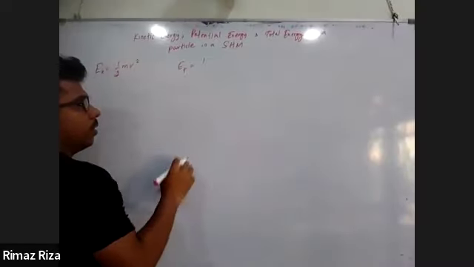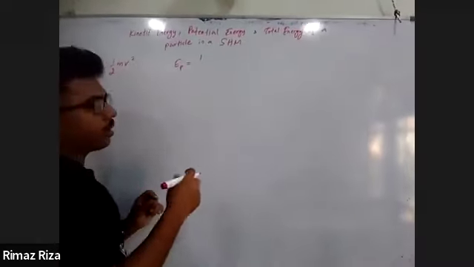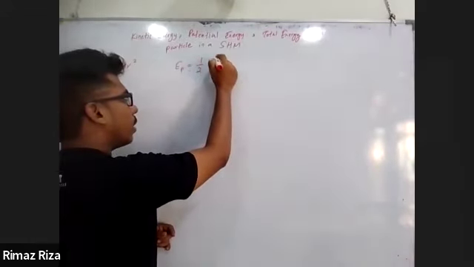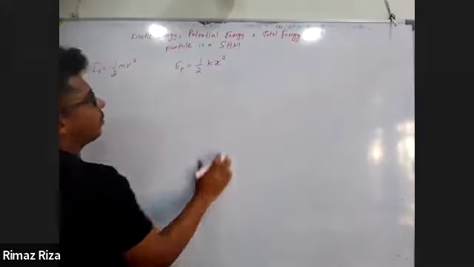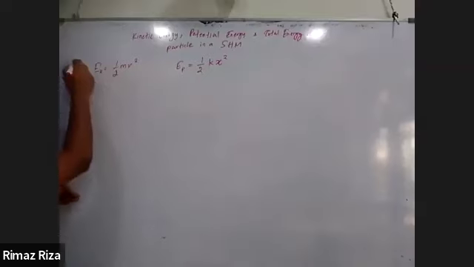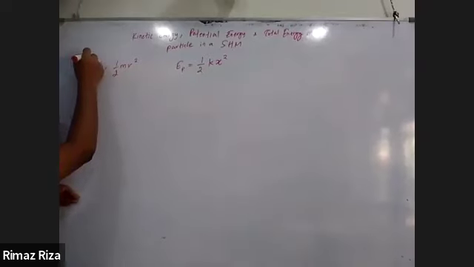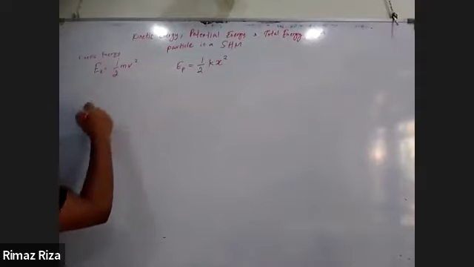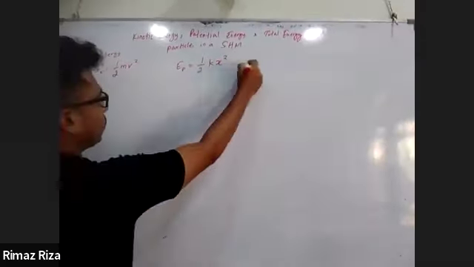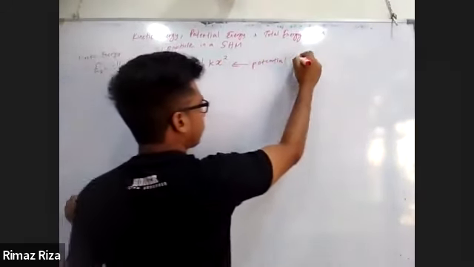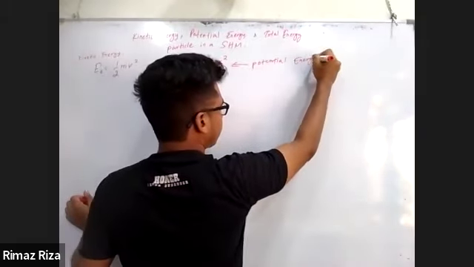If the particle is attached to a spring, the elastic potential energy is half kx squared. So this is the kinetic energy, and this is the potential energy.